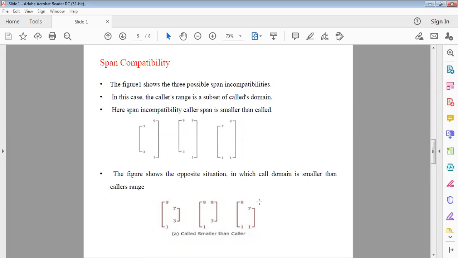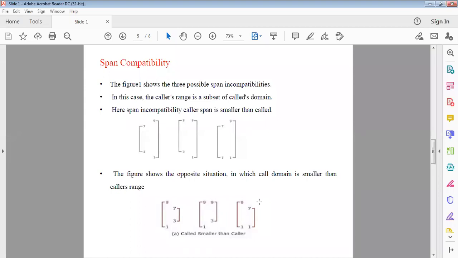When you are sending the range from one domain to another domain, that range has to match compulsorily. When you take 0 to 17 as the range for the caller, the called domain also needs to contain 0 to 17. That is the compatibility. If it does not have the same range, it is considered an incompatibility.